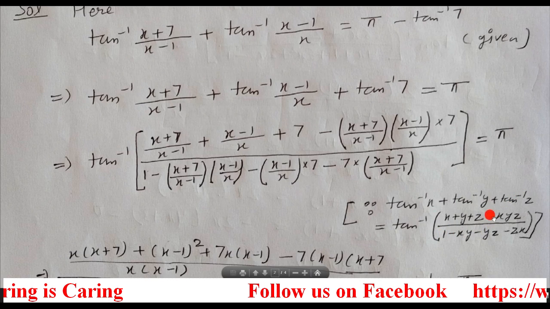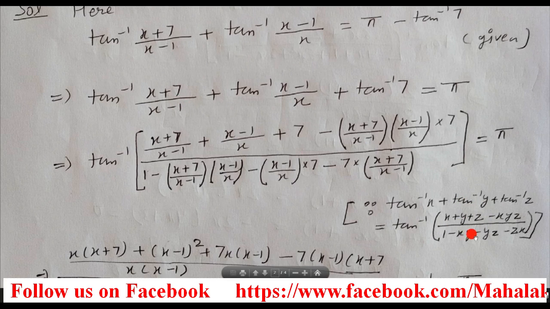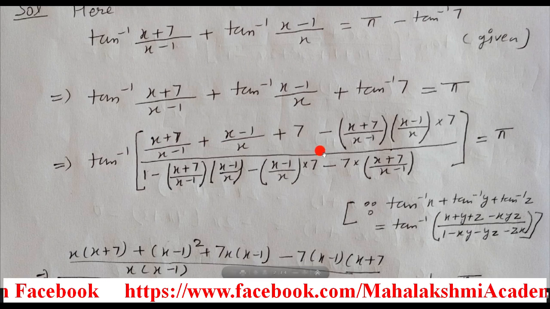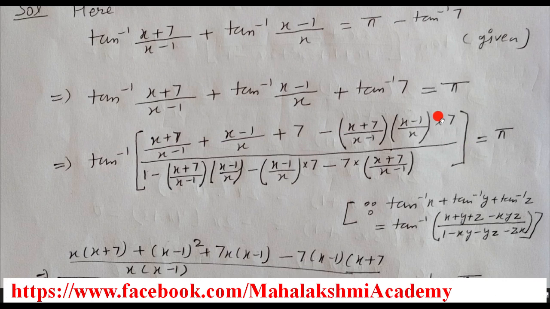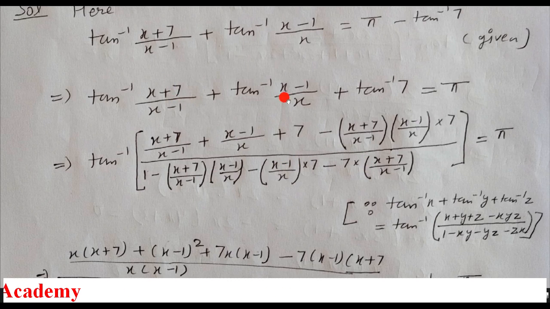I put the values of x, y, z from our question in this formula, so I got x plus y plus z, then minus xyz, and in the same way below, 1 minus xy minus yz minus zx. I assumed these values as x, y, and z, and I used this formula to write down this step.